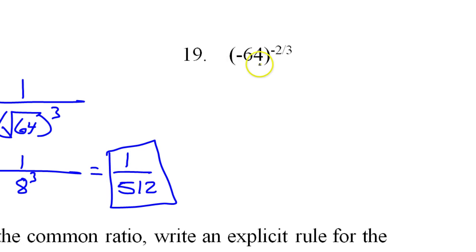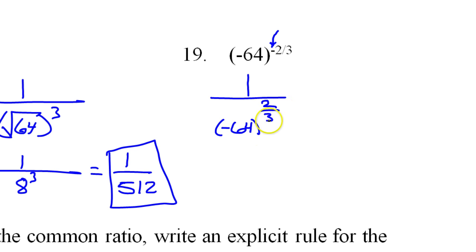Alright, same type of thing here. We have to just be careful what we do with this negative sign. But first of all, this negative sign, again, a negative exponent, you can think of it as dropping you down to the denominator. So this is going to be 1 over negative 64 to the positive 2/3 power.